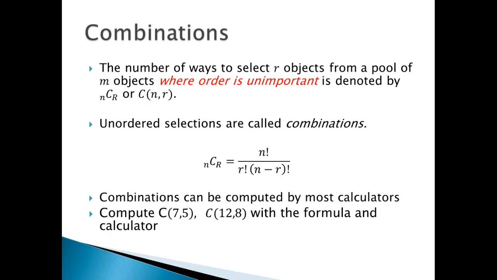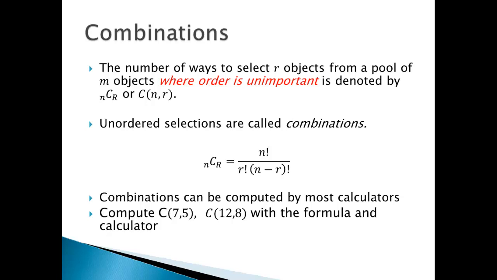So we're taking the number of permutations and dividing out by r factorial to make up for the different arrangements we don't want to count this time. Of course, as with permutations, combinations can be computed by most calculators, and so let's do a couple as examples.